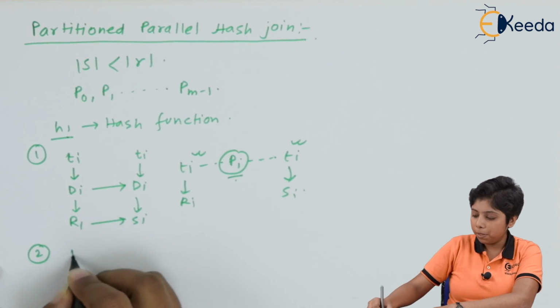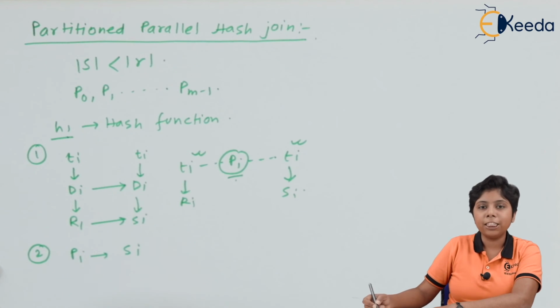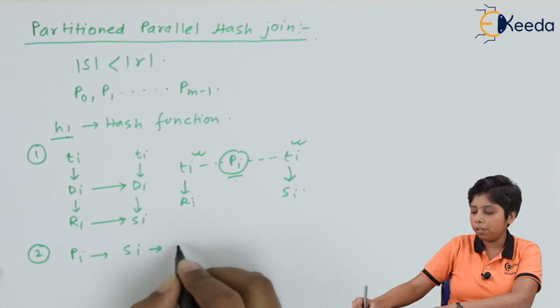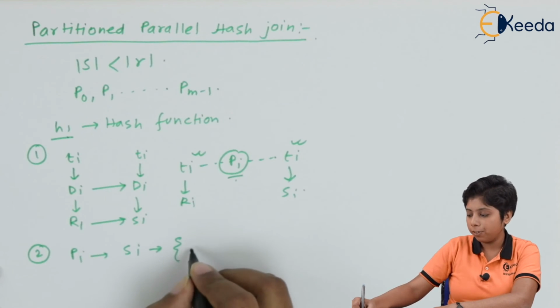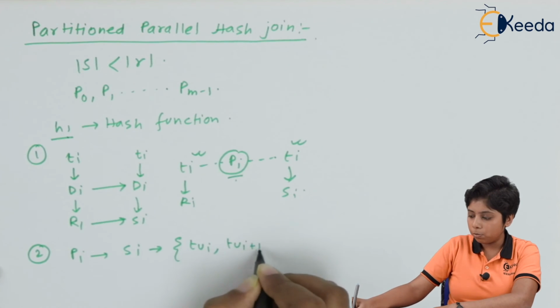Now the processor Pi has all the partitions for Si. Now with the hash function H2, it again partitions Si. That means now say my tuple of Si is in the set of, say, Ti plus 1.